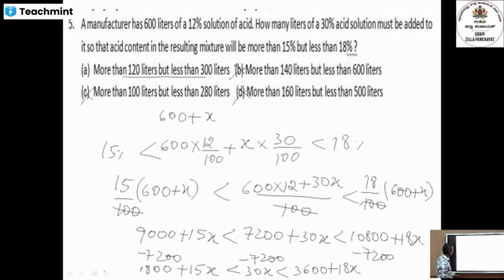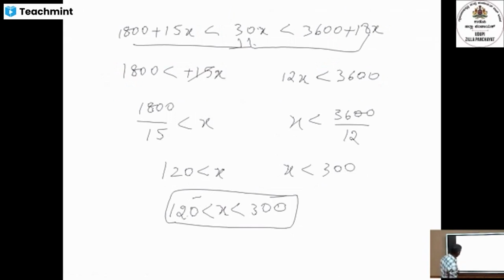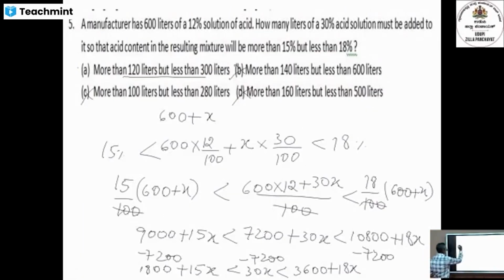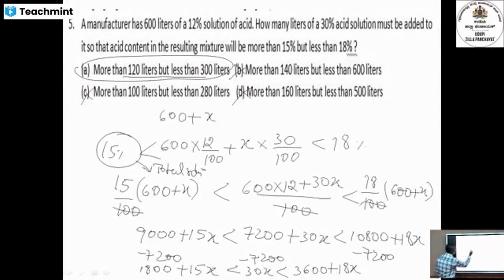So you will be left with 120 and 300. So this is the final answer, option A. Don't forget this 15% of the total solution. The total solution is 600 plus x.